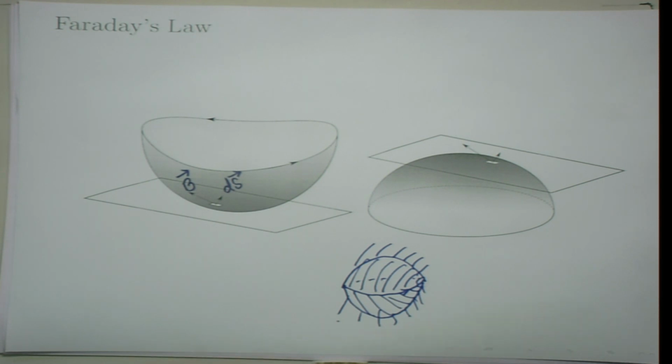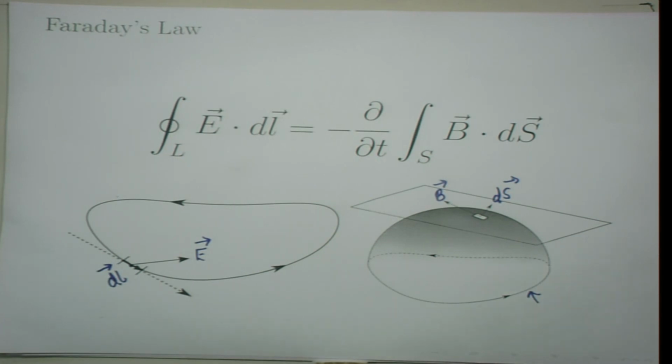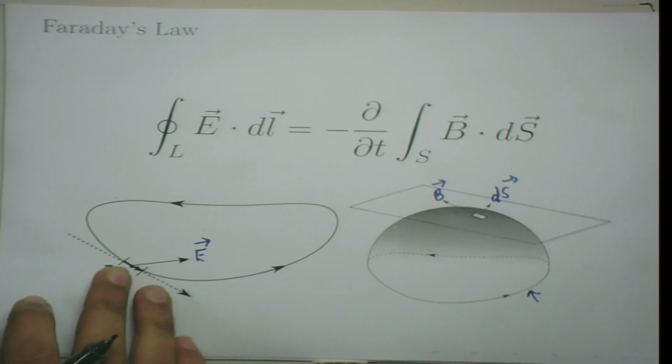Remember that Faraday's law effectively states that you take any surface which is bounded by this closed curve, as long as you compute this B dot ds appropriately, then you will get the same answer.